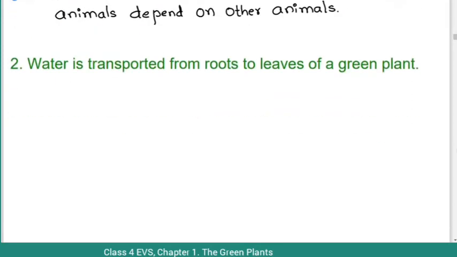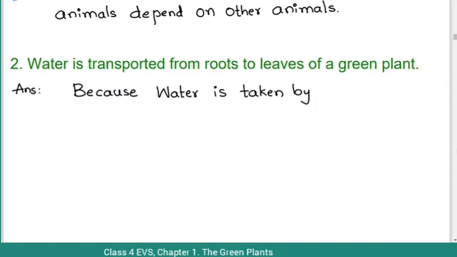Second one, water is transported from roots to leaves of a green plant. Answer, because water is taken by the roots and carried to the leaves.